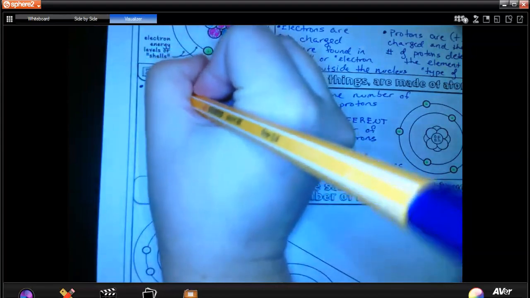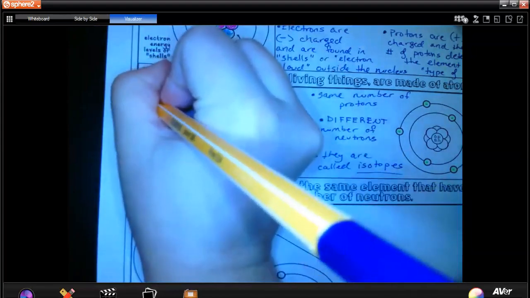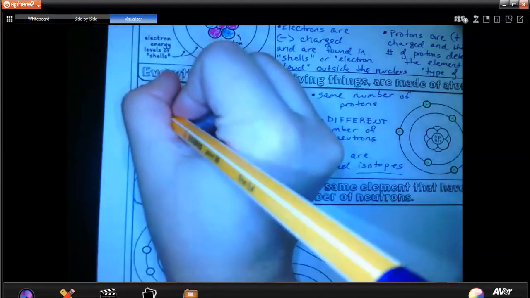They're radioactive. And so biologists, write that down, biologists use isotopes in research. Specifically in terms of carbon here, for carbon dating. Have y'all heard of carbon dating before?